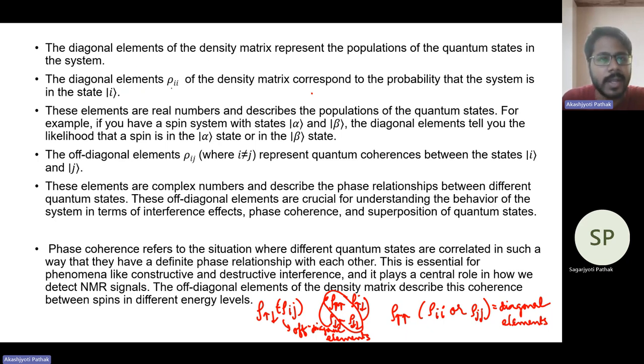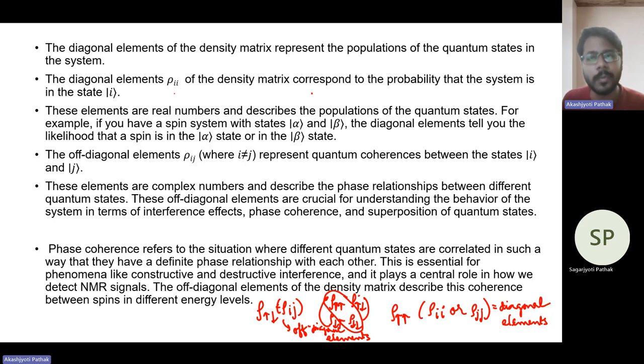And so the diagonal elements rho II, like I was saying, of the density matrix correspond to the probability that the system is in the state I. So what does rho II give us?